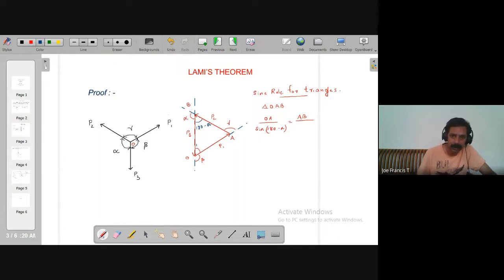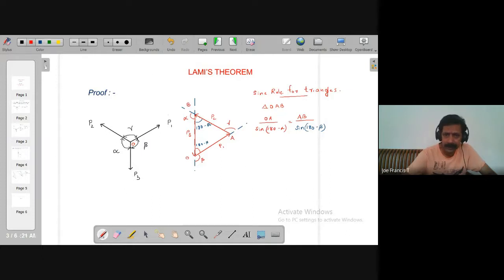So AB divided by sine 180 minus beta, right?